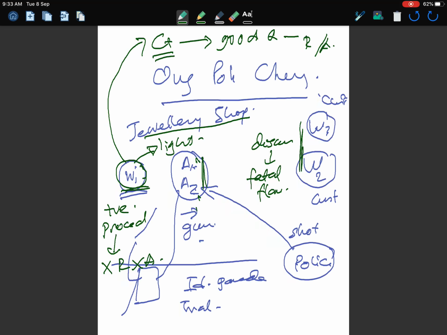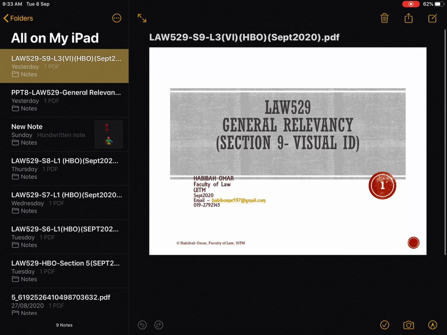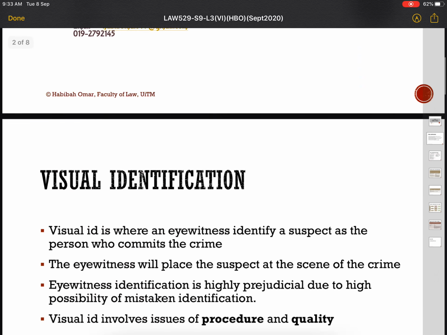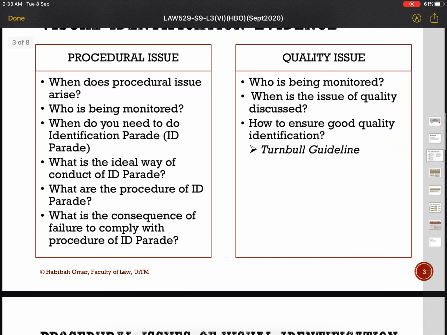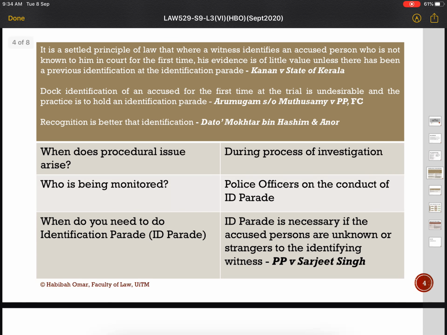Because of that, the court believed that W1 has good quality identification, so his evidence of identification is relevant and admissible. You got that? So by these two examples, you will find that even though there may be a flaw in the process of the identification parade, what is more important is identification in the court, and the evidence of identification may be relevant and admissible if it is of good quality.